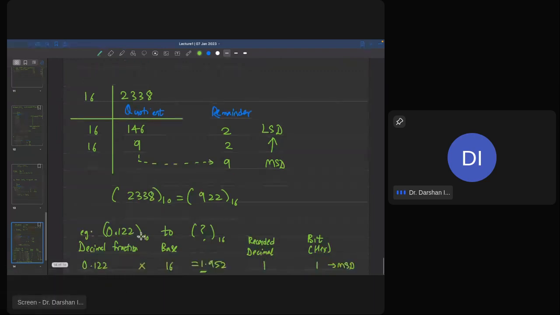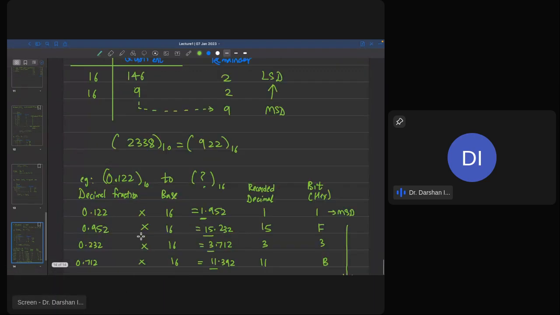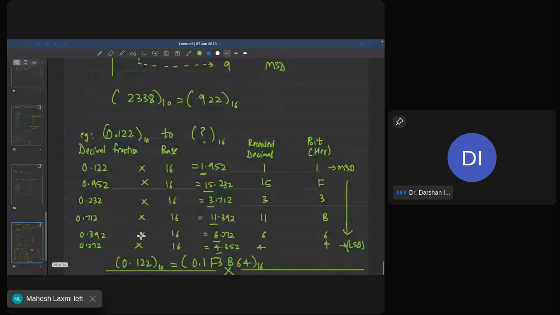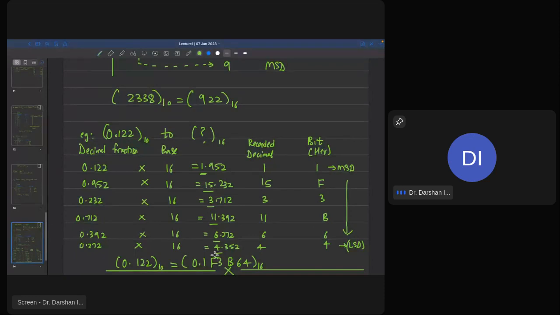You ask me, what if it is on the right side? So you keep on multiplying by 16, and whatever are the results, anything before the dot you record it. 1, 15, 3, 11, 6, 4, and this will go on for infinite times. You can stop up to whatever precision you want. Then these remaining parts after the dot, 0.952, you take it down, again multiply by 16. 0.232, take it down, multiply by 16.